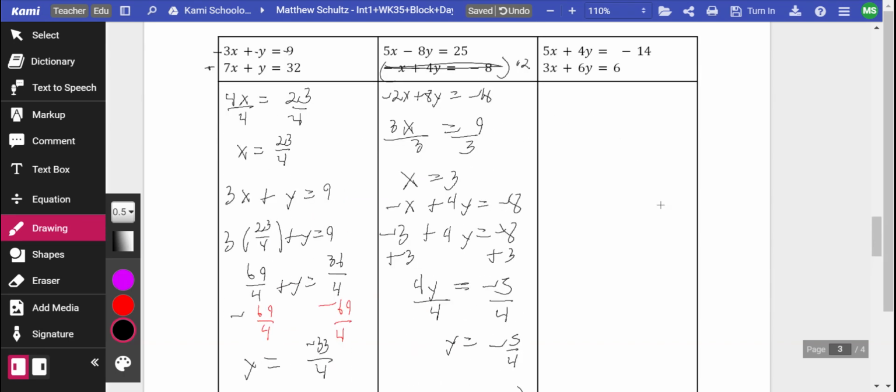Let's go on. Now this next one, I'm like, all right, maybe this one will be able to do it. Well, I want to get rid of this. I understand that the multiple that they share is 12. So if I times 3 to the top and I times negative 2 to the bottom, I'll get 12y and negative 12y.